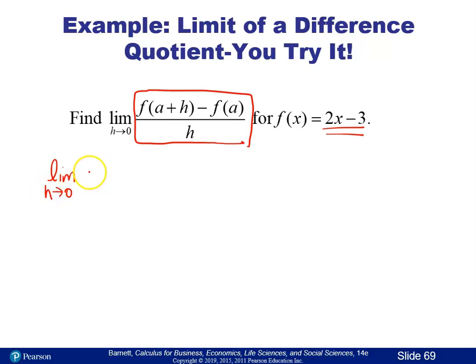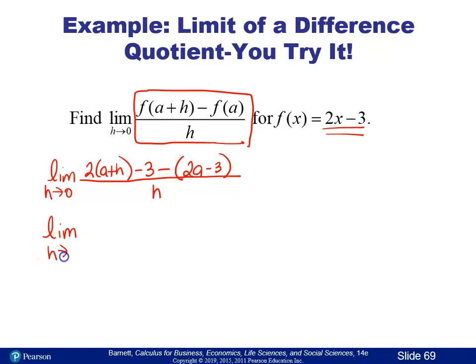Okay, so if I plug in the a plus h, I'm going to have 2 times a plus h and then minus 3. Then I'm going to subtract from that f of a, which is 2a minus 3, and then I'm going to divide that by the h. Okay, still haven't taken the limit, so I've still got to drag this notation along.